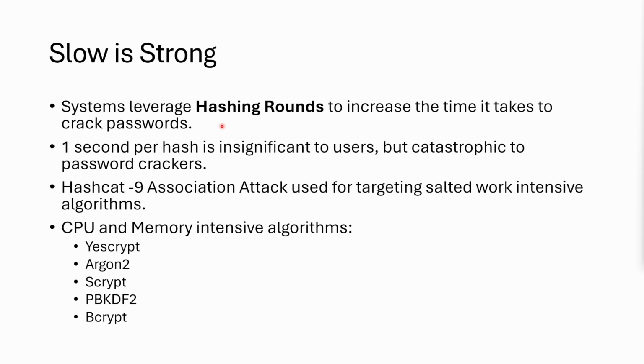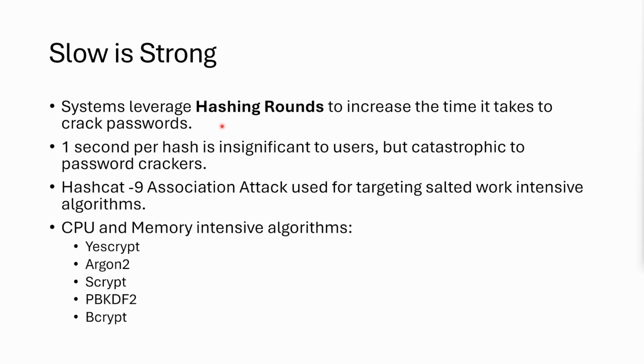They're doing this so that if there's a breach or the hashes are dumped, it's a lot harder for adversaries to crack those passwords if they obtain those hashes. If you think about it, when you're doing all these hashing rounds, it does make authentication take longer, but an extra second is insignificant to the user, yet catastrophic to password crackers.